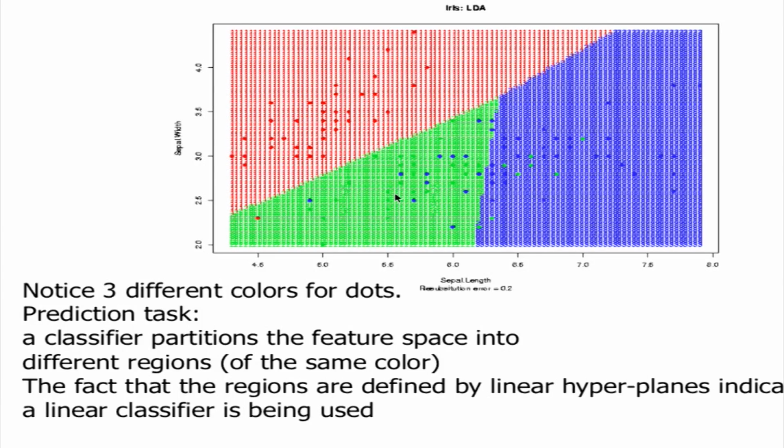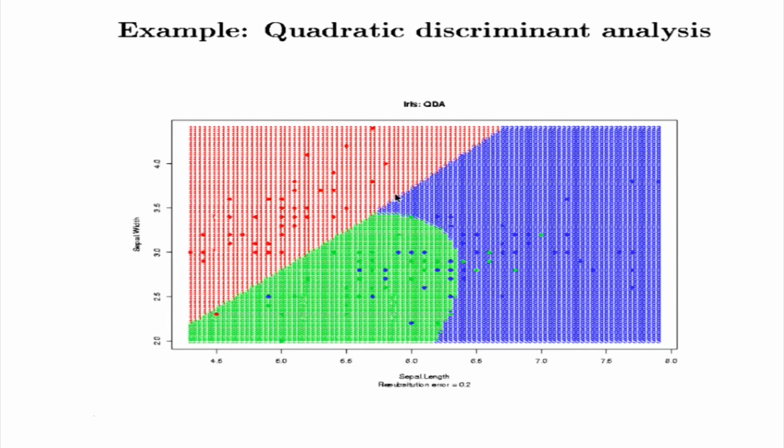For example, there's a method called quadratic discriminant analysis, and it allows for quadratic relationships or dividing lines. So now you see, well, if you have this flexibility, the green region is bounded by a quadratic curve.